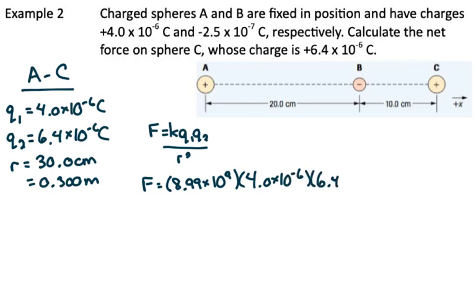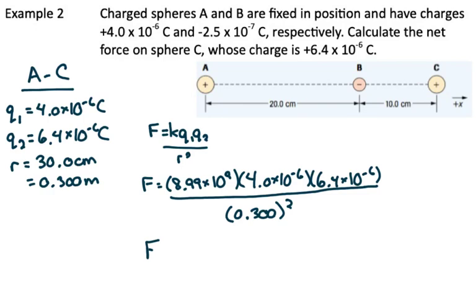Q2 is 6.4 times 10 to the minus 6. R is 0.3, and that is squared. Calculating that out, we'll go to 2 sig figs here. That is 2.6 newtons.